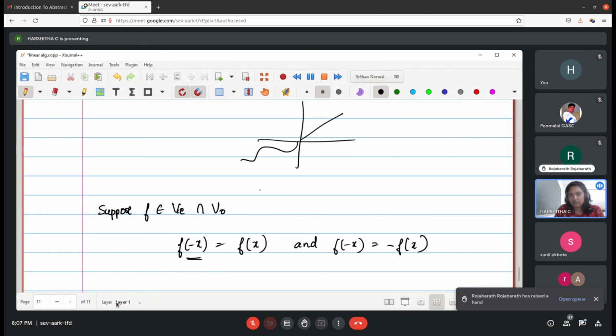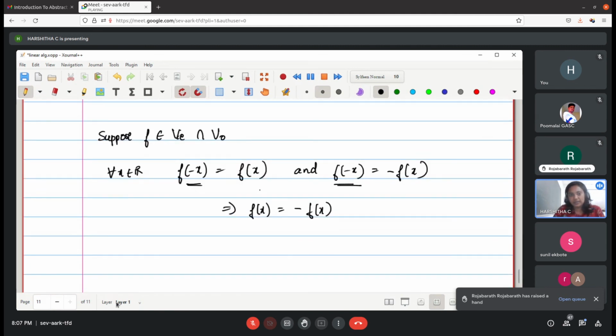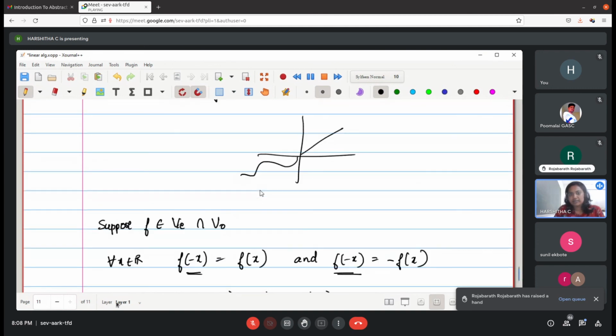So both sides we have f of minus x. Combining these two, we get f of x equal to minus f of x. This is for every x. The only possibility is f of x equal to 0, which means it is the zero function. So the intersection is 0.